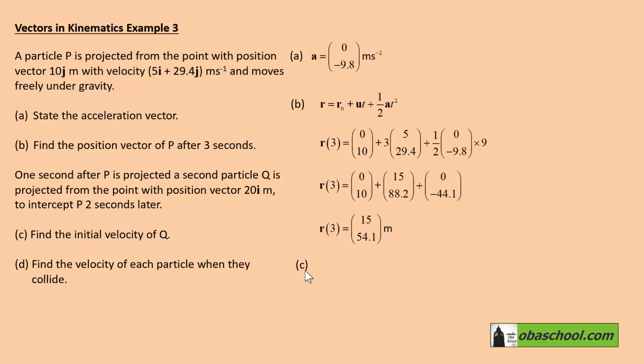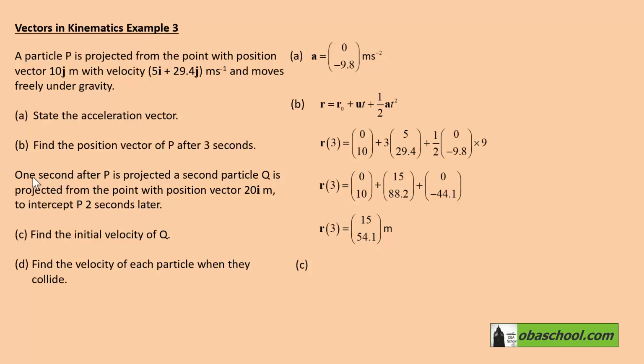Now let's look at part C and let's remind ourselves. A second particle Q is projected from the point with position vector 20i to intercept P 2 seconds later. Now, P has been moving for 3 seconds. In other words, P is at this point when the two things intercept.